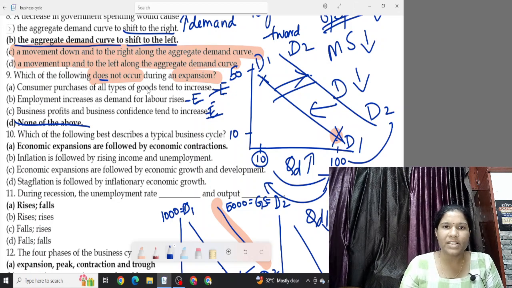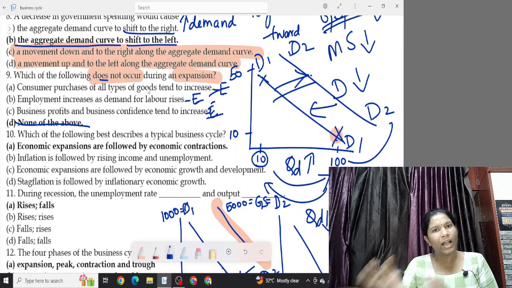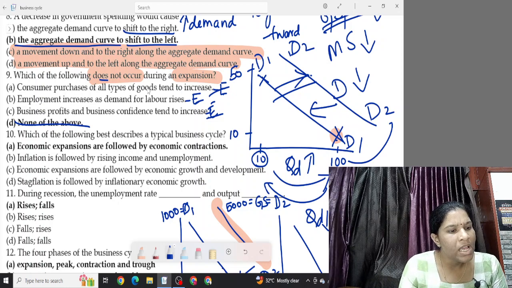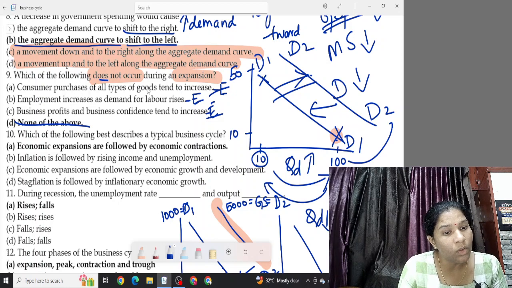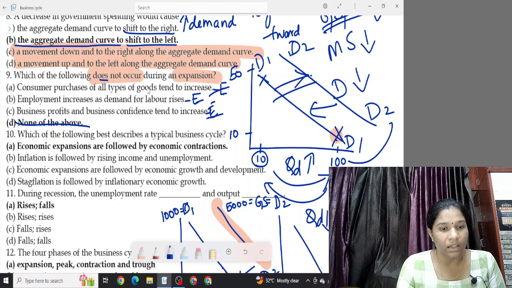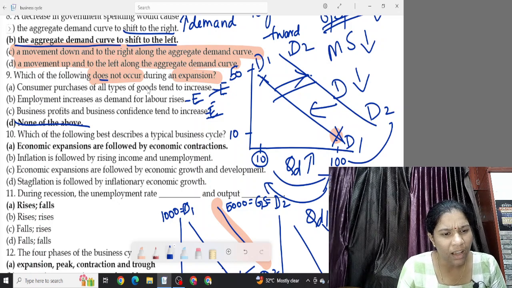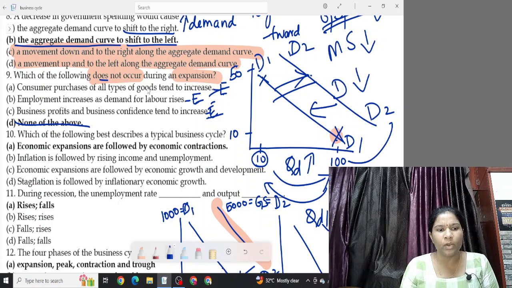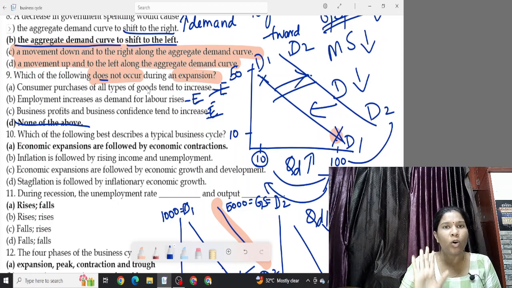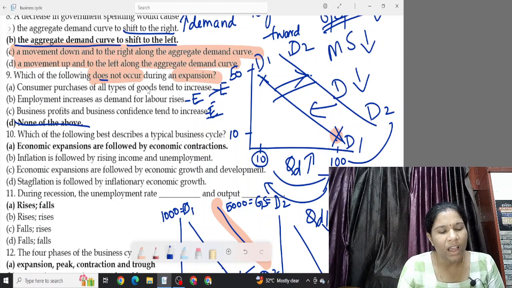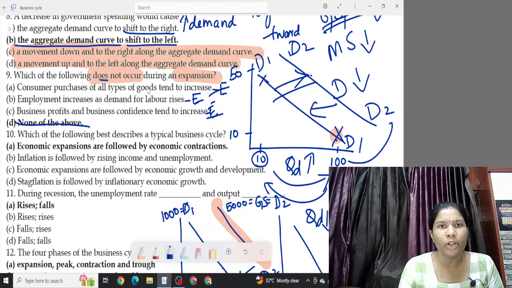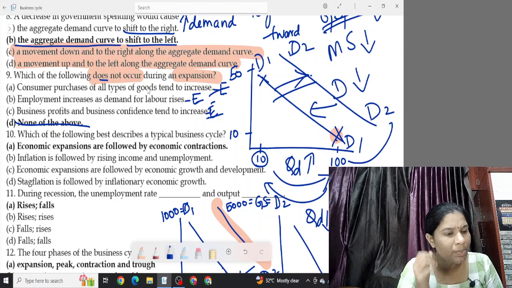Obviously, expansions and contractions happen alternately. Inflation is followed by rising income and unemployment. Whenever inflation is very heavy, only prices of the products go high. Incomes don't go high. And unemployment will go high during inflation. There is no direct relationship at all.